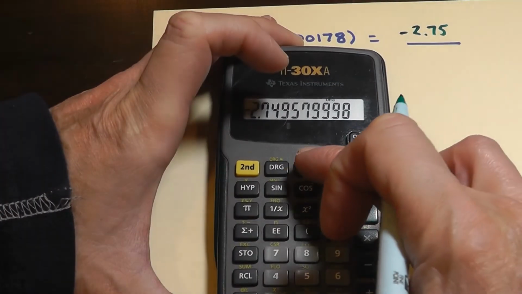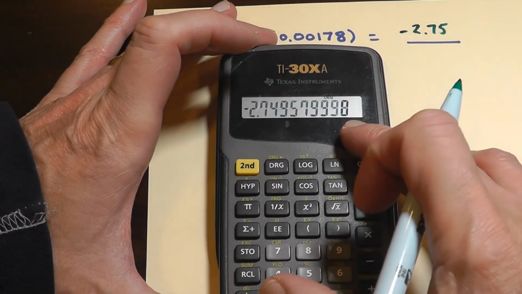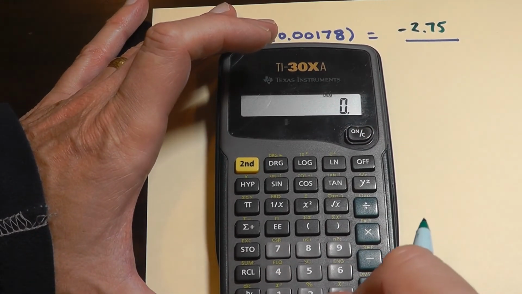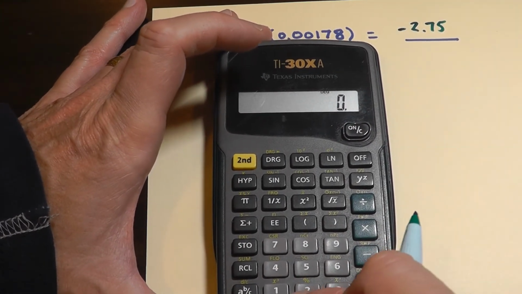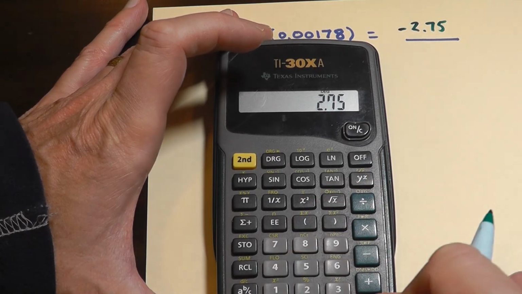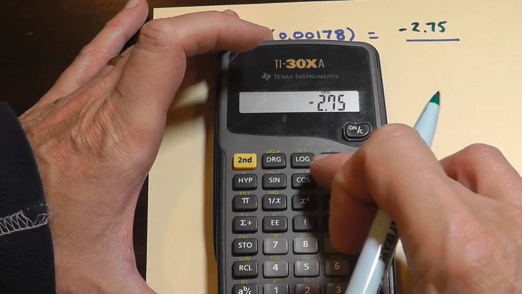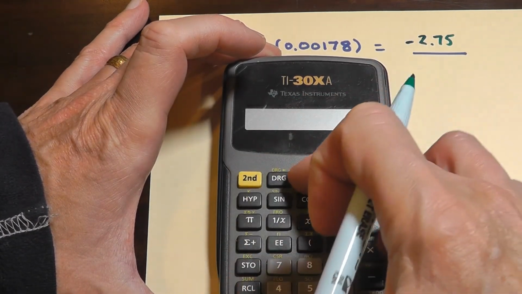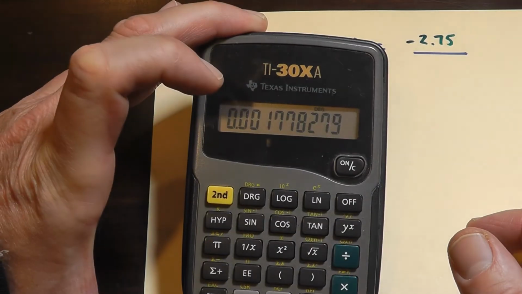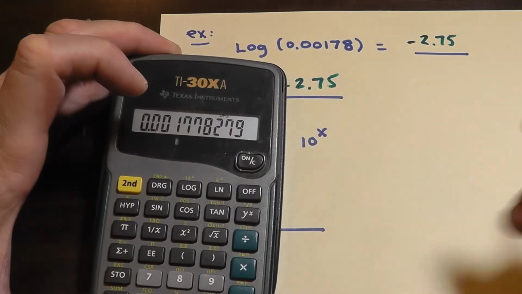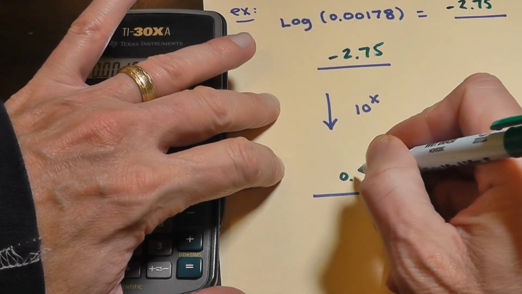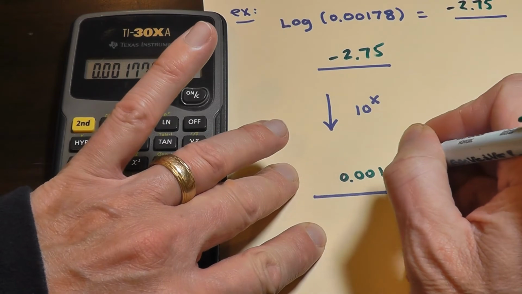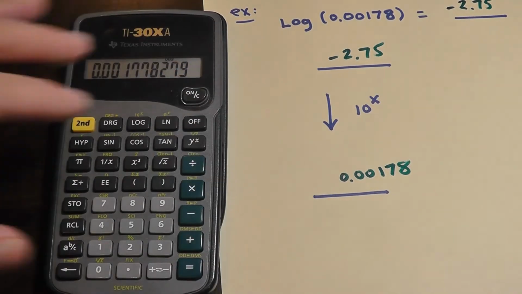Well, it's the same button as the log button. So darn, I shouldn't have done that. I should have just kept it on the screen. So if I enter 2.75 negative, and then hit the opposite of the log button, which is 10 to the x, I get that number right back again, 0.00178. So the opposite of a log is a 10 to the x.